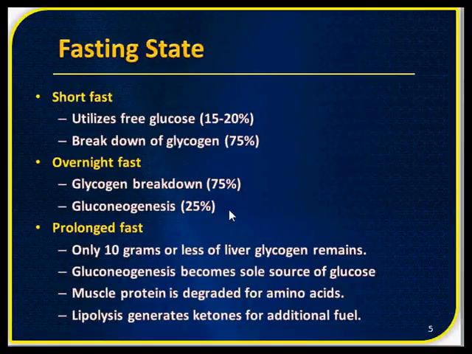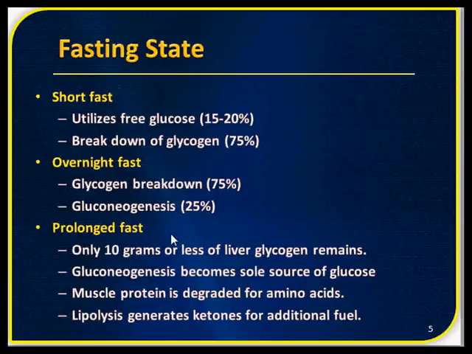So, in the short fast, it is the free glucose which is like the currency or cash in the hand, and glycogen, the bank withdrawal. In the case of overnight fast, we have the bank withdrawal from glycogen, that is 75%, and then gluconeogenesis, that is from the fixed assets like the proteins and the fat, which are burnt down to produce glucose.